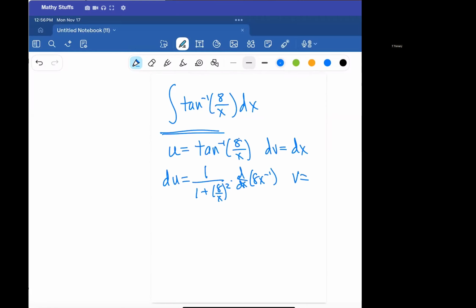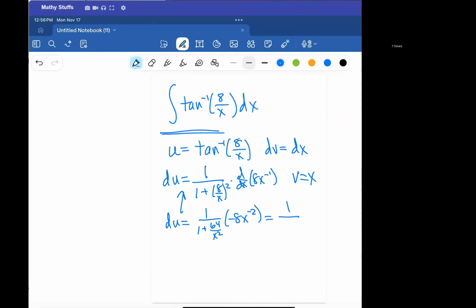And then v is just x. That's just going to integrate up. I'm going to simplify du here. So du is actually going to simplify to 1 over 1 plus 64 over x squared times negative 8x to the negative second. And that, my friends, is this.